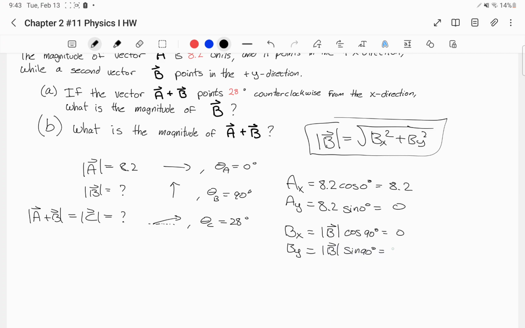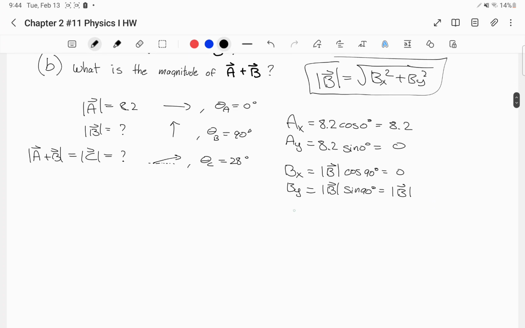And sine of 90 is equal to 1, so that's just going to give you the magnitude of B. Now, if we do the same thing for the C vector, we know that the x component of C is going to be its magnitude times cosine of 28 degrees. And the y component is going to be its magnitude times sine of 28 degrees.